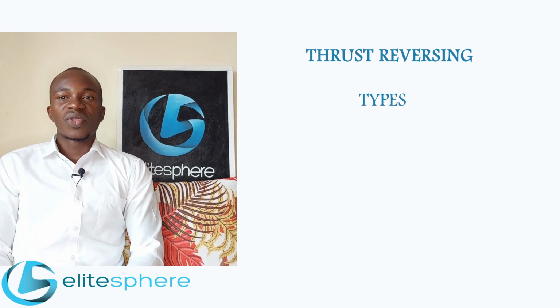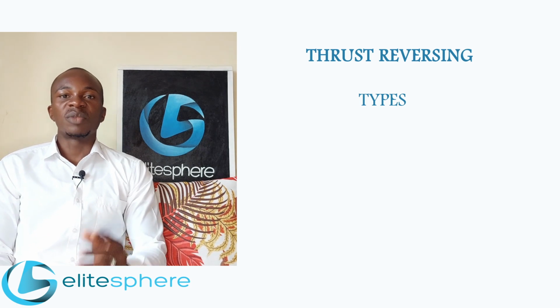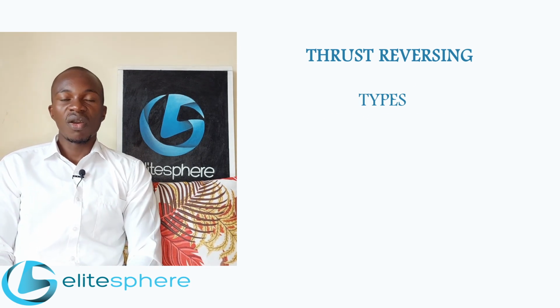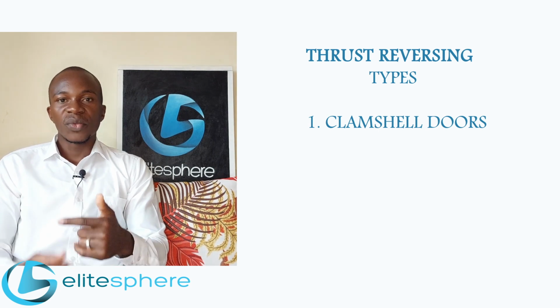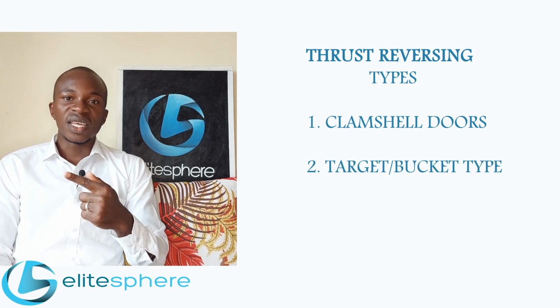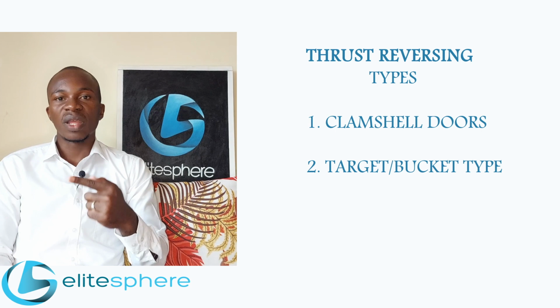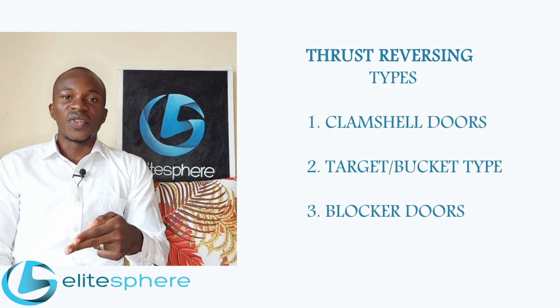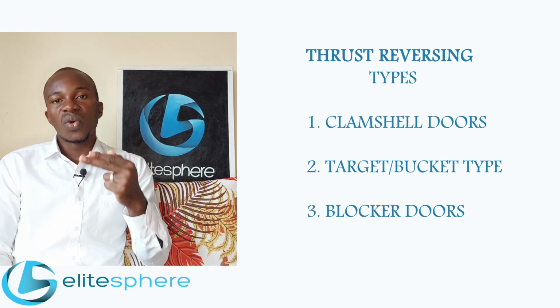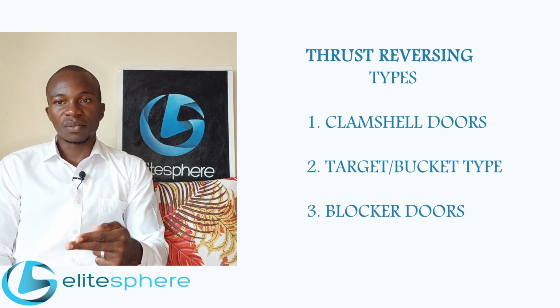There are three types of thrust reversers that can be found on a gas turbine engine. One is the clamshell type reverser. Secondly, there is the target type thrust reverser, also called a bucket type thrust reverser. And finally, there is the blocker door type thrust reverser.